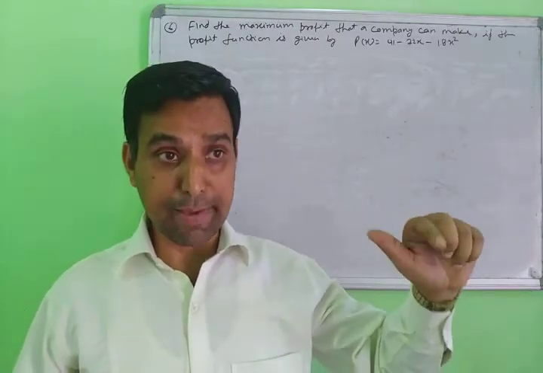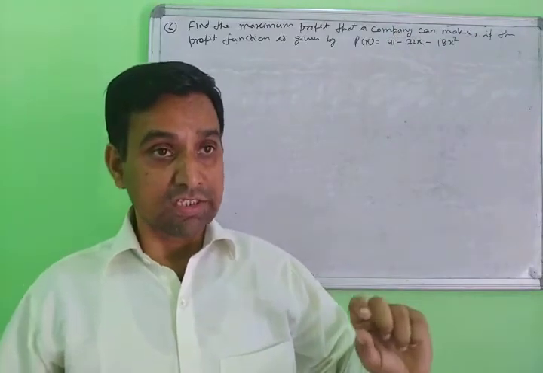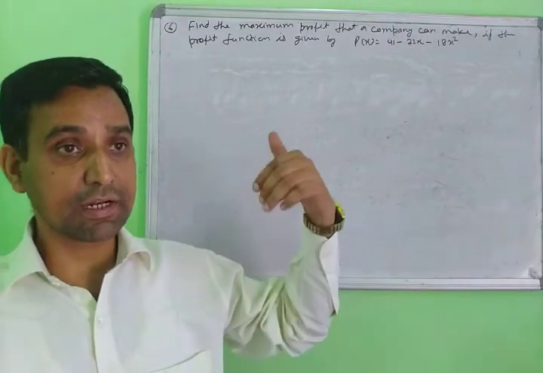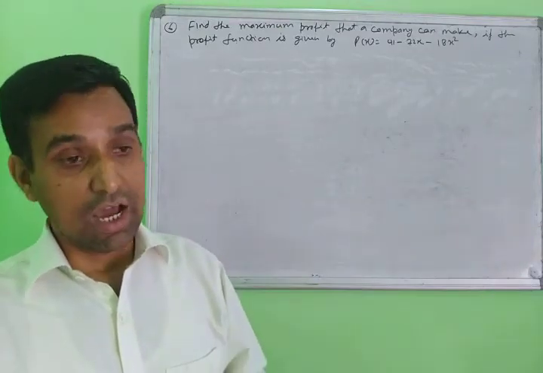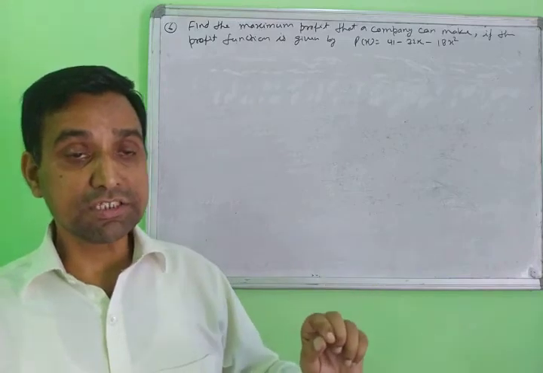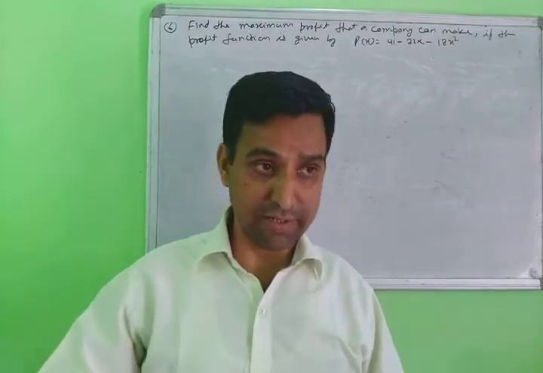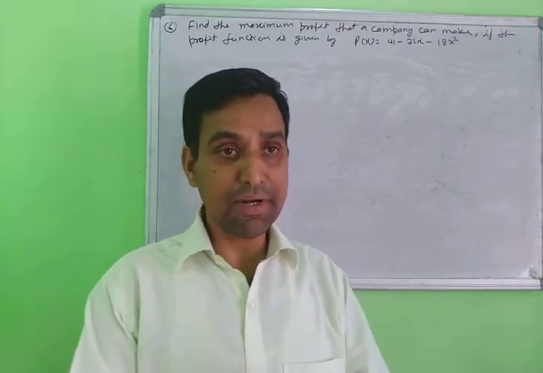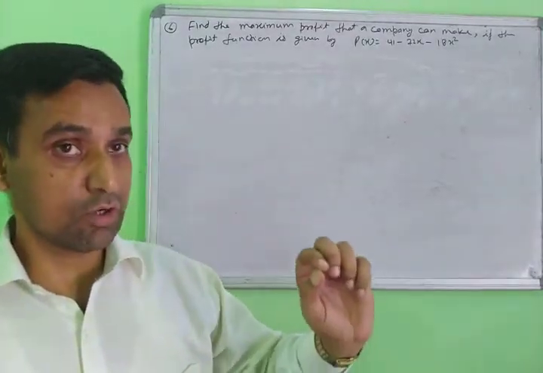Two points here, maximum profit and minimum profit. Suppose your critical point comes in the maxima, then the company takes the maximum profit. Or suppose your critical point comes in the minima, then the company is taking the minimum profit. This depends on the situation of the critical points.